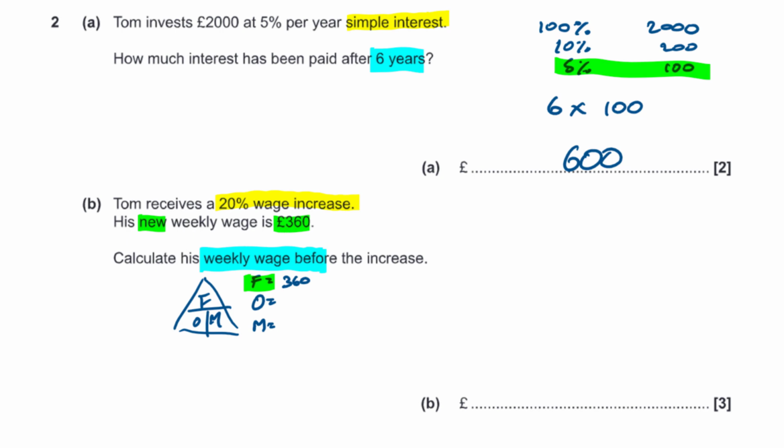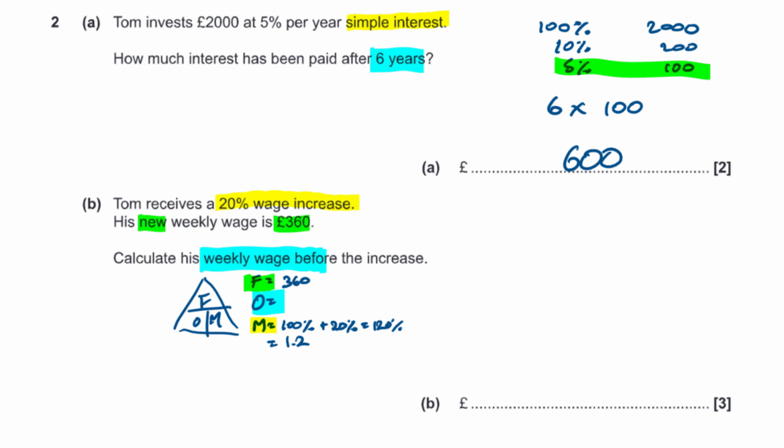The original, well, that's what we're trying to find, his weekly wage before the increase. And then the multiplier is going to be the 20% increase, isn't it? But remember, we start with 100%, so if we increase it by 20%, we're now at 120%, which as a multiplier is 1.2.